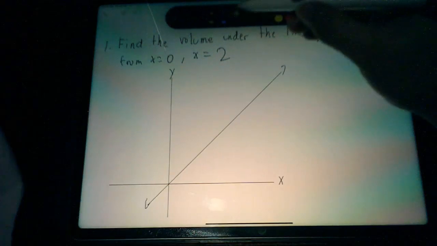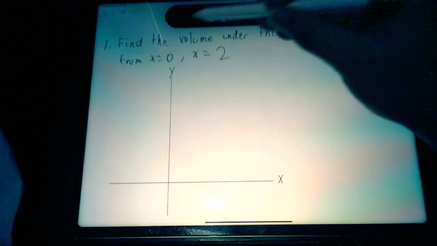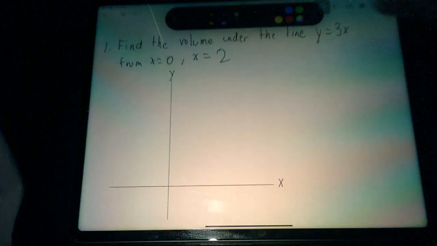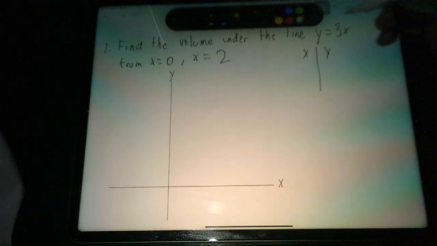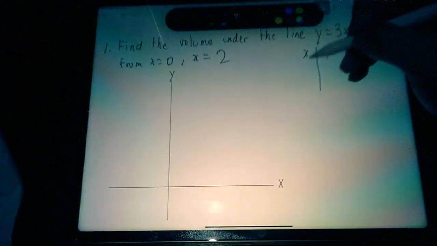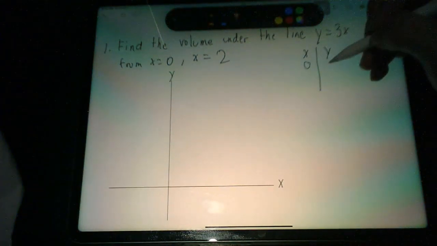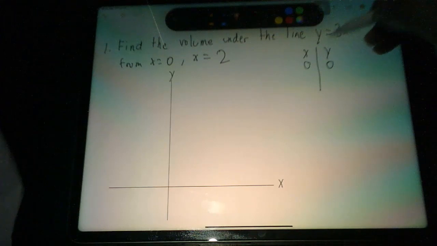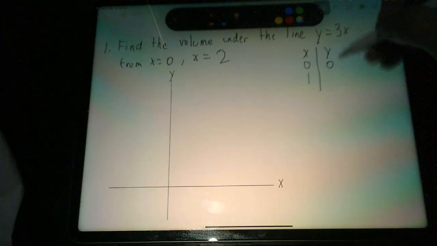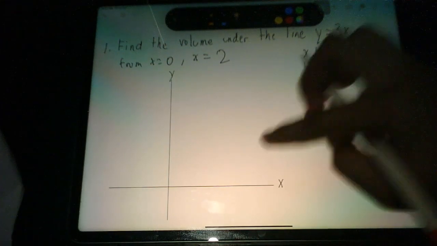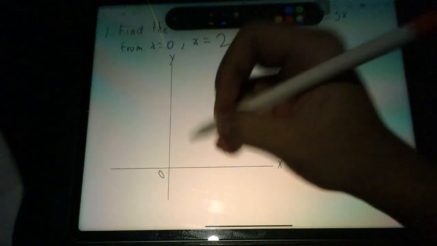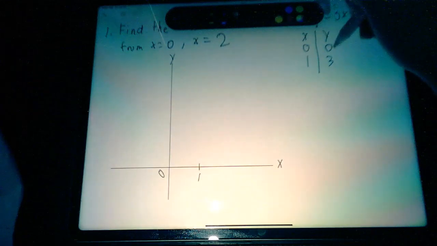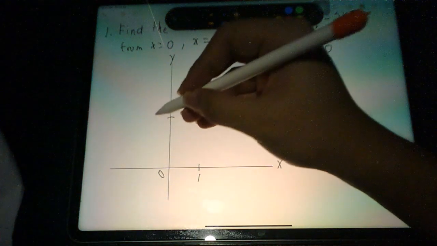So let's do that first. To find the points of the line, we need to have a tabular method. Let's say if x equals 0, our y is also equal to 0, and if our x is equal to 1, our y will become 3. So these are our 2 points: 0, 0, and x equals 1, y equals 3.